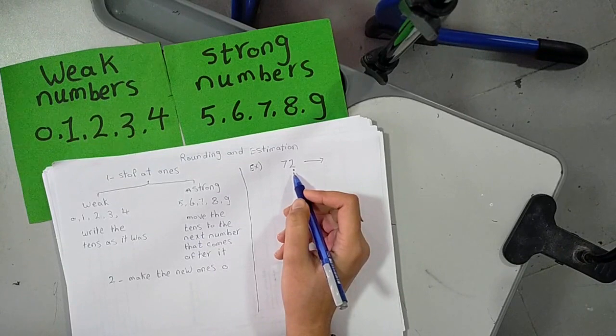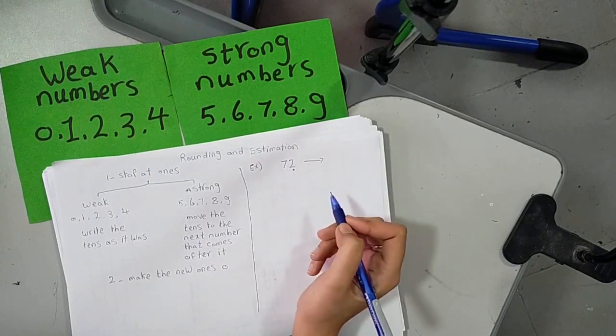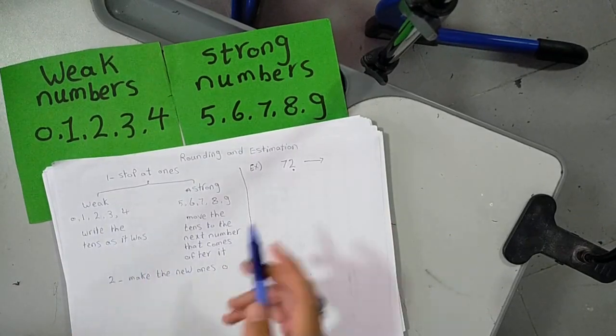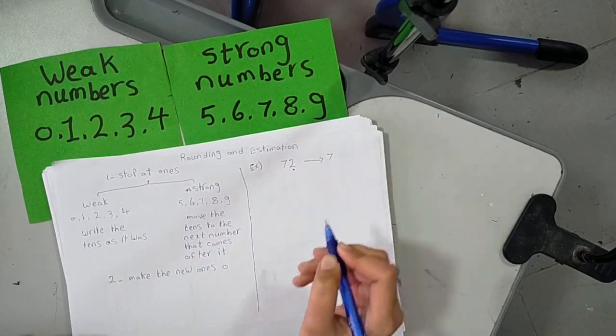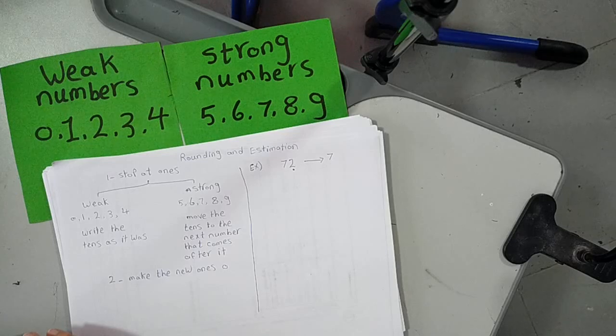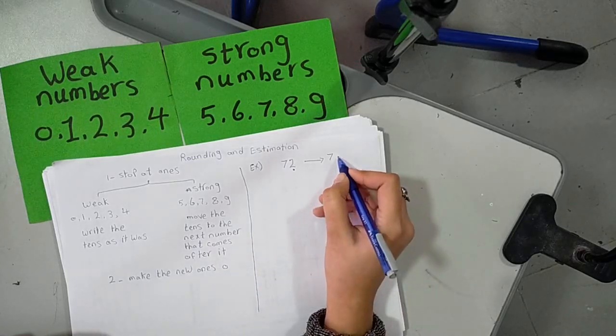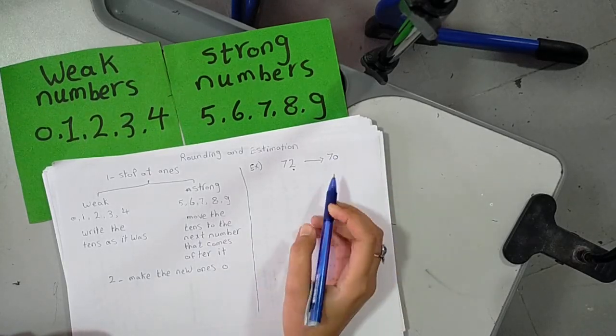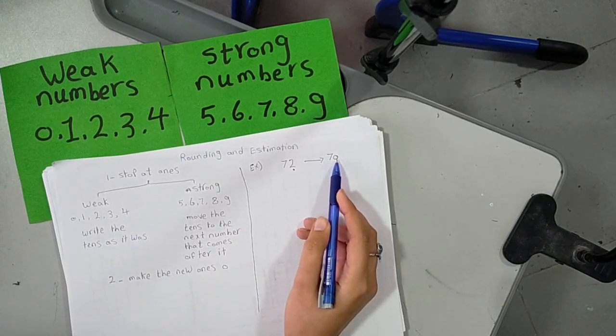So the ones here hasn't a power to push the 7. So I will write it as it was. So my tens here is 7. And what about ones? We said that ones will be 0. I can't put any number here except 0.